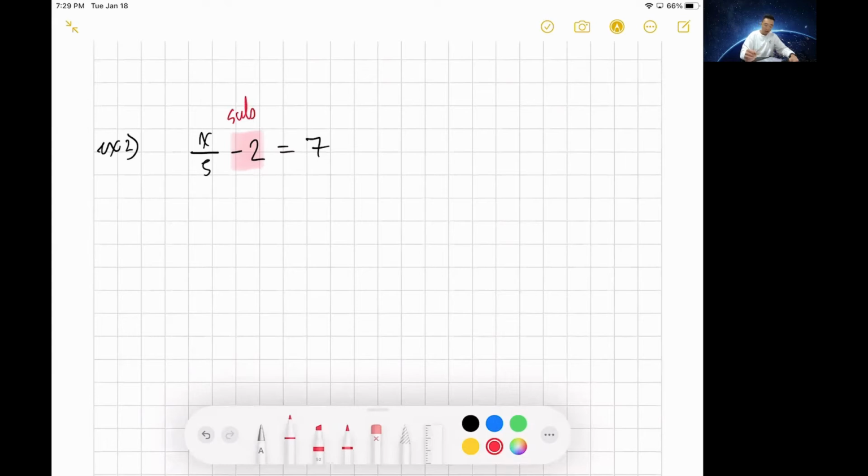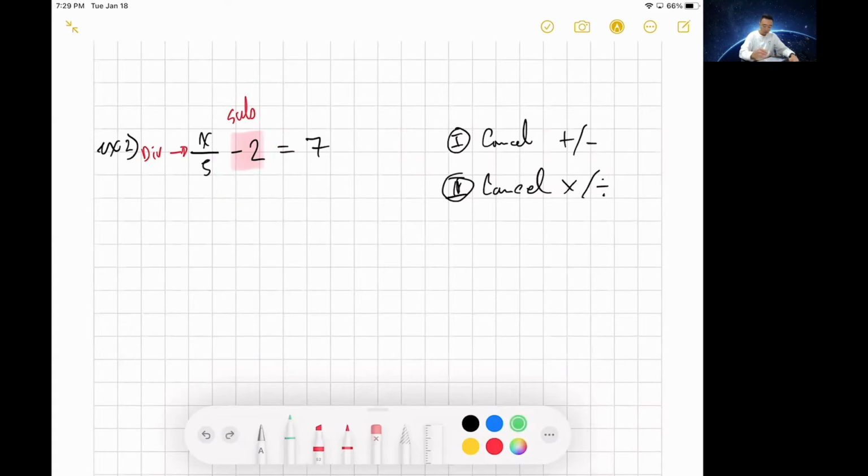And then you have a division relationship, right? And the first one that you have to get rid of is the subtraction relationship, okay? That's the first one. So cancel the addition subtraction relationship. Then the second step would be to cancel the multiplication and division relationship.